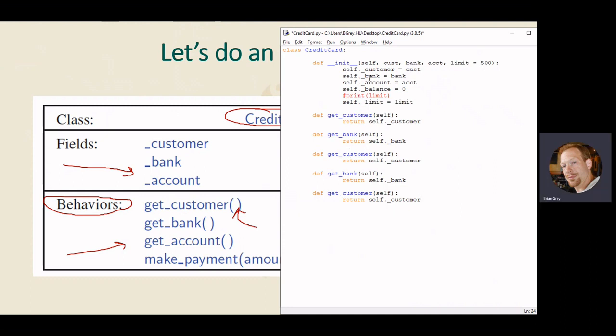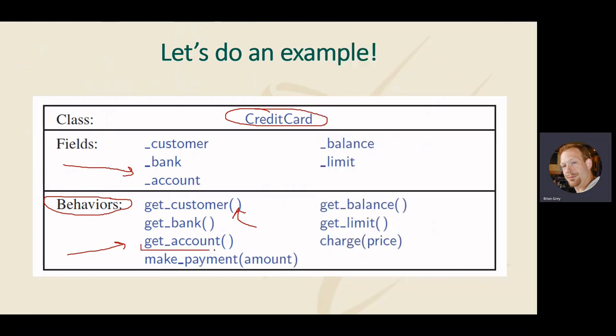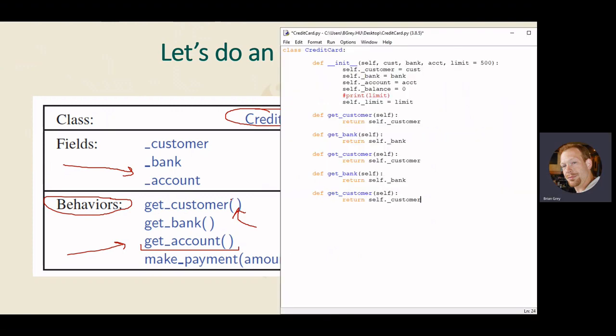Yes. Get. Now remember, this is the name, get account, right? Not get ACCT, not get self.account, it's get account. So whatever is specified in your specification, that's what you need to put here, right? What you put here is the name of your variable, your instance variable.